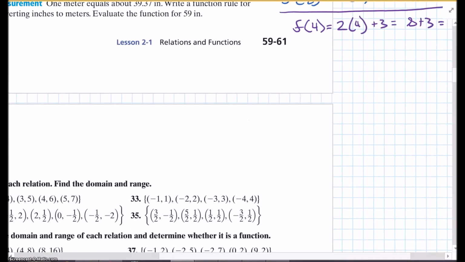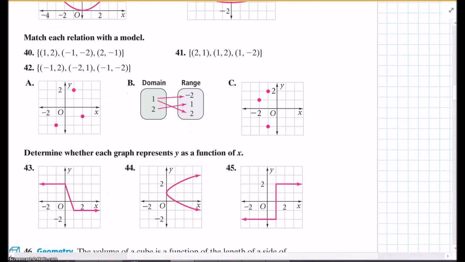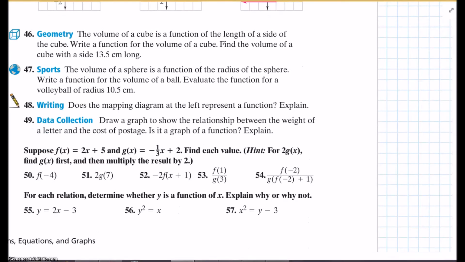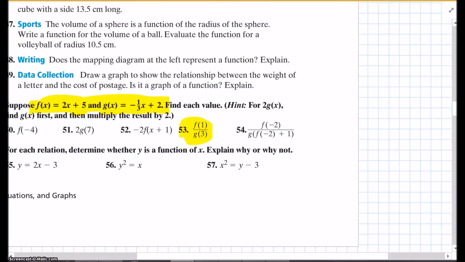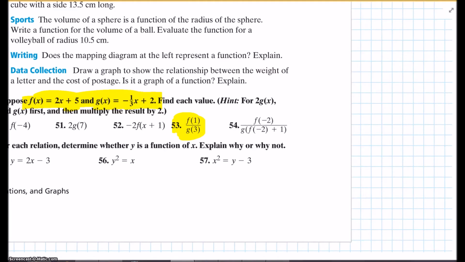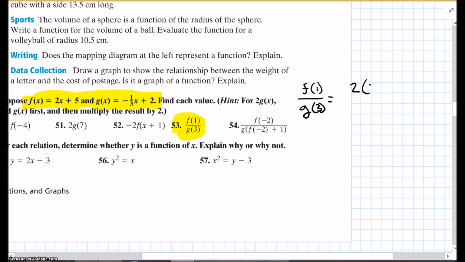Okay, going to turn the page to number 53. Ooh. That's a good one. So f of 1 over g sub 3. Well, f of 1 is 2x, which would be 1, plus 5.